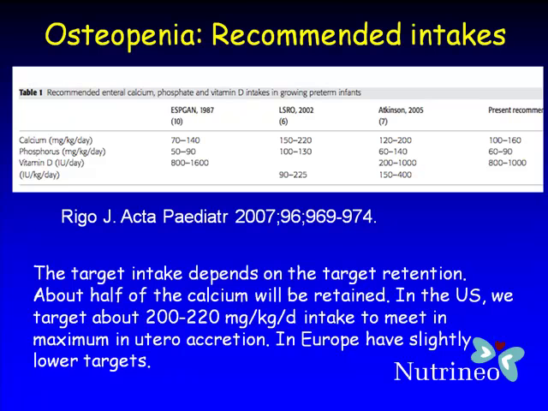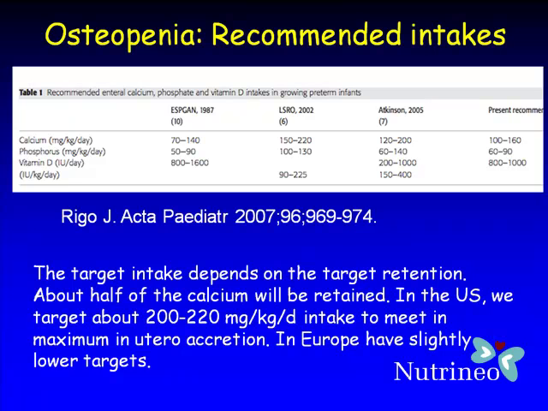There are some differences in opinions about the targets for calcium intake. And here are a series of recommendations for target intake. So this is the recommended oral intake of calcium, phosphorus, and vitamin D. We're going to talk about vitamin D in just a minute, but it's on this slide also. In the United States, we've generally targeted about 200 milligrams per kilo per day of calcium intake, with half of that being retained to get the net of 100 milligrams per kilo retained.